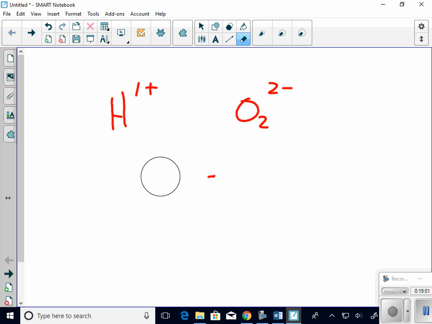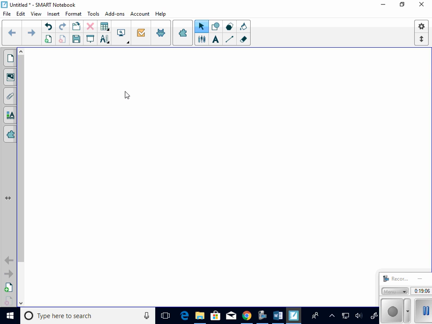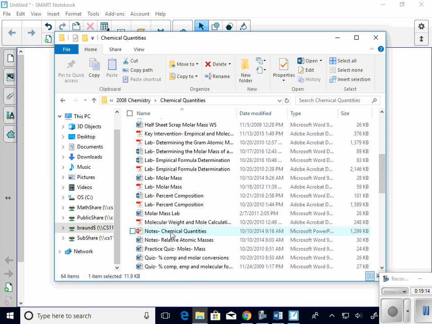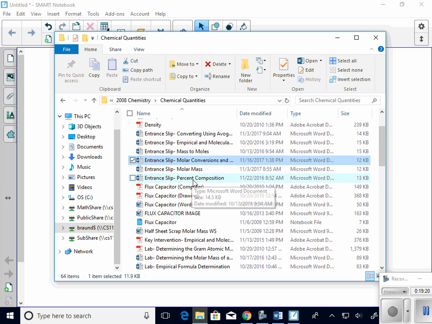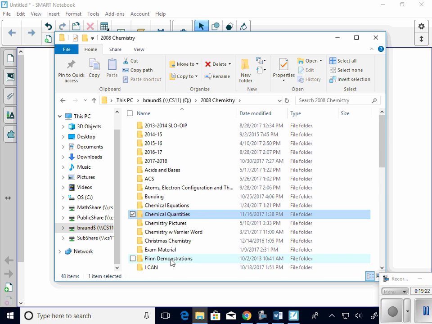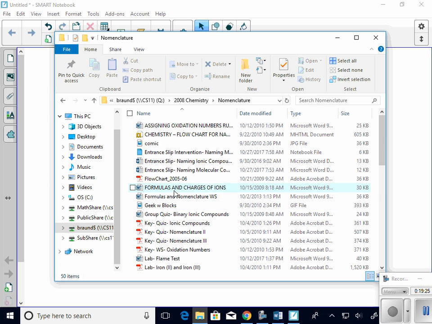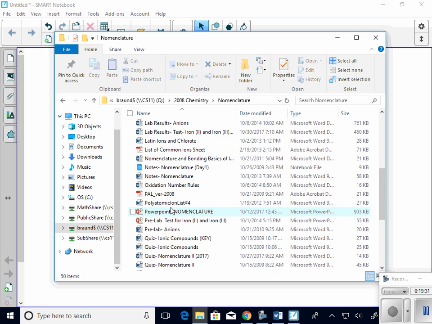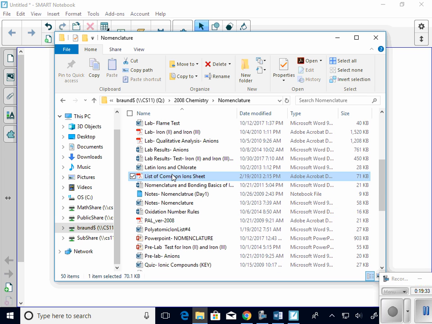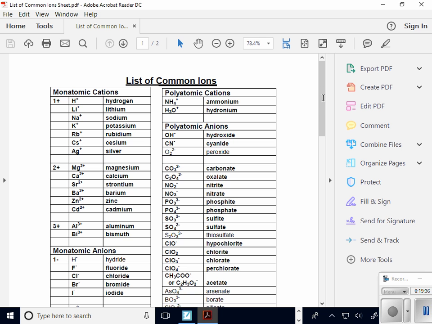Now, take out your ion sheets. I love the ion sheet. Let me see if I can find it here. You might know that I won't be able to find it, because I'm not even in nomenclature right now. Polyatomics, a list of common ions. Here we go. This guy right here, you got this yesterday.